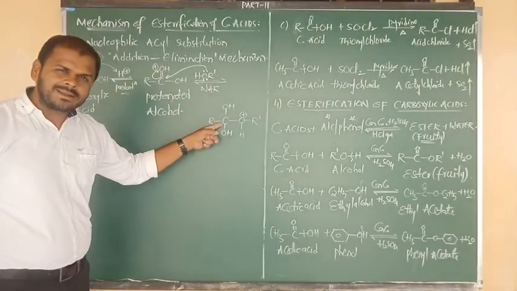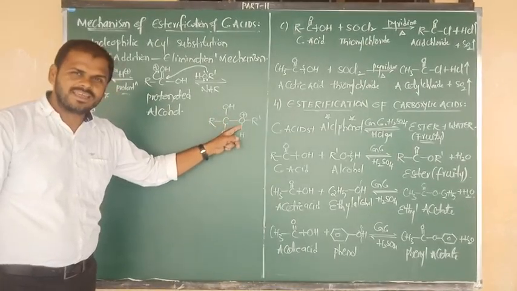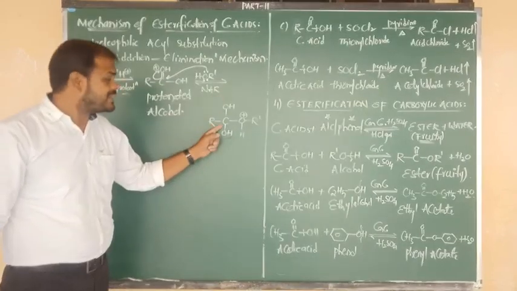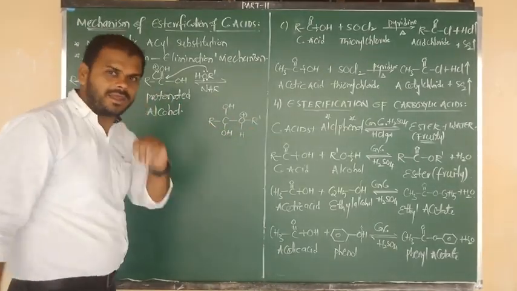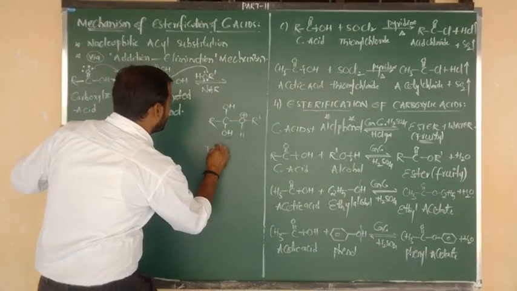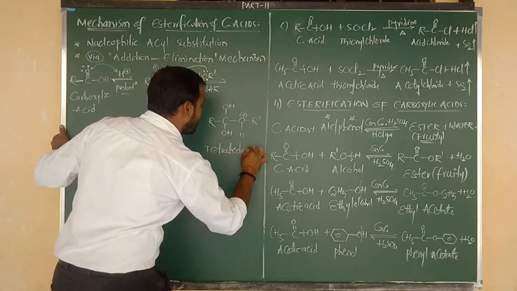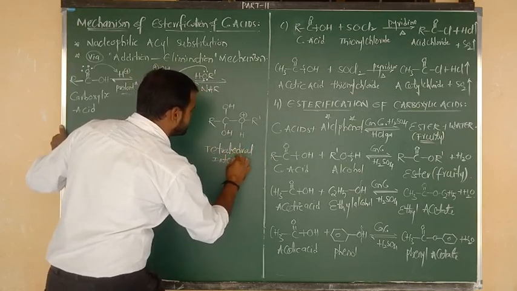Around the central carbon of the carboxylic acid there are 4 bonds: group number 1, group number 2, group number 3, group number 4. So with respect to the central carbon, the hybridization is sp3. That means it is a tetrahedral intermediate.